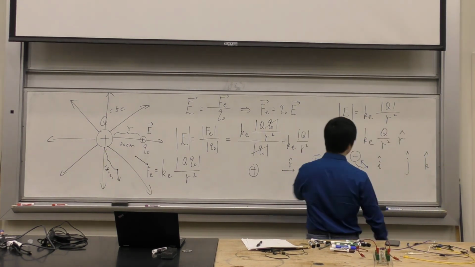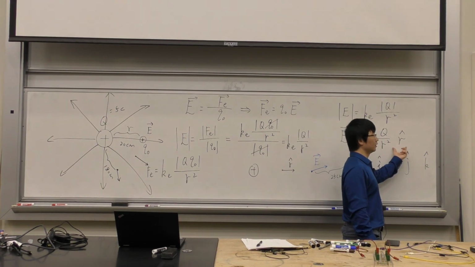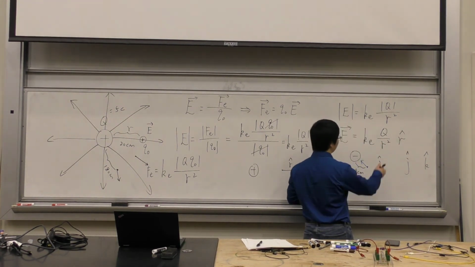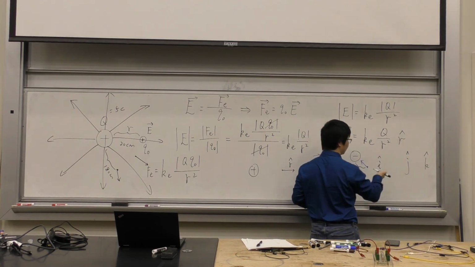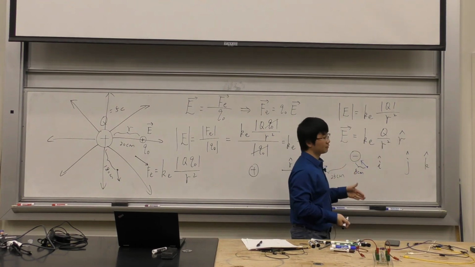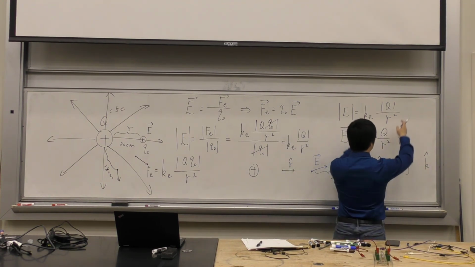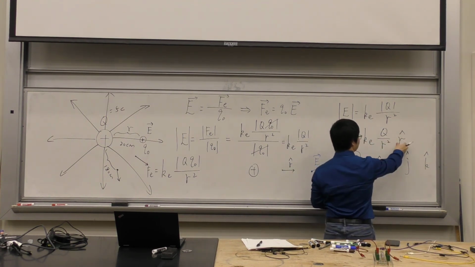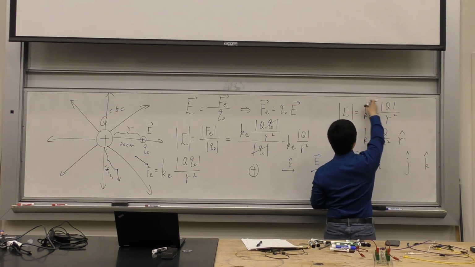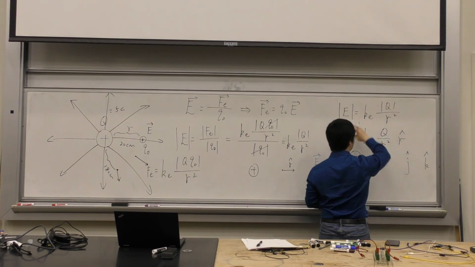This guy just tells you literally the radial direction. So that's why this equation has all the information, both the magnitude and the direction, right? For the magnitude, you just take the magnitude of everything. This magnitude is 1, so you don't need to worry about it, and the magnitude of the rest is just going to give you this equation.